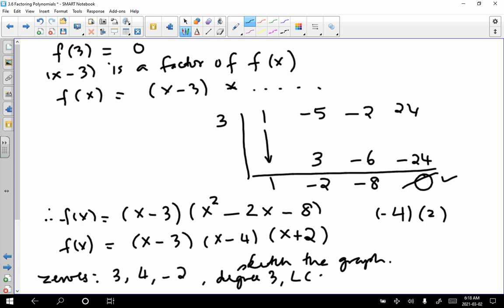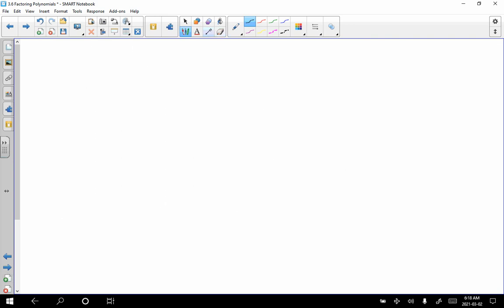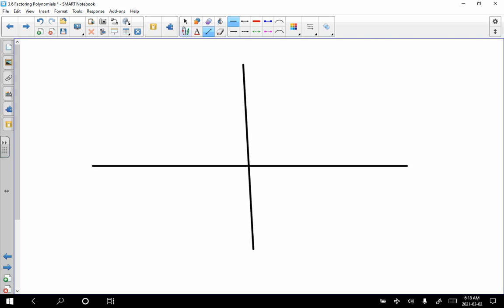Leading coefficient is positive. So it's going to go from quadrant 3 to quadrant 1, like our y equals x function. So let's do a sketch. Let's say this is our xy axis. We're going to plot our points 1, 2, 3, 4, negative 1, negative 2, negative 3, negative 4.